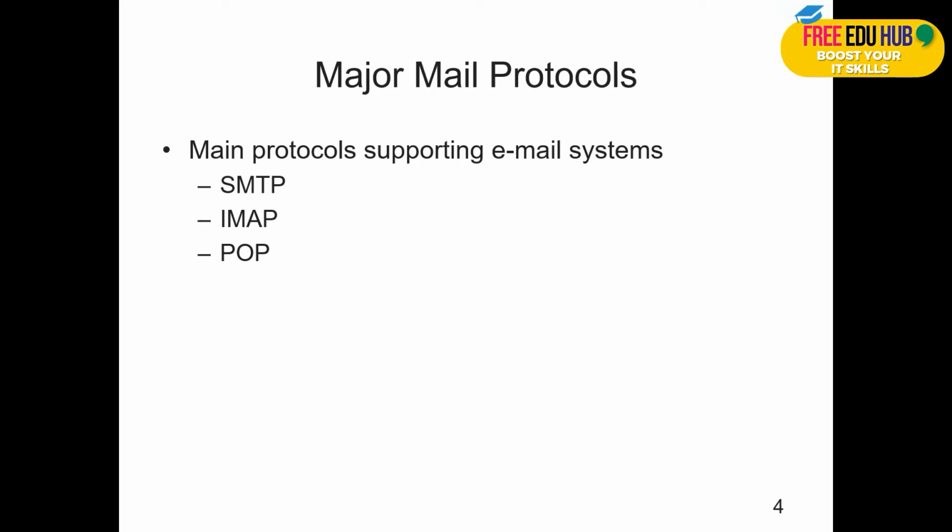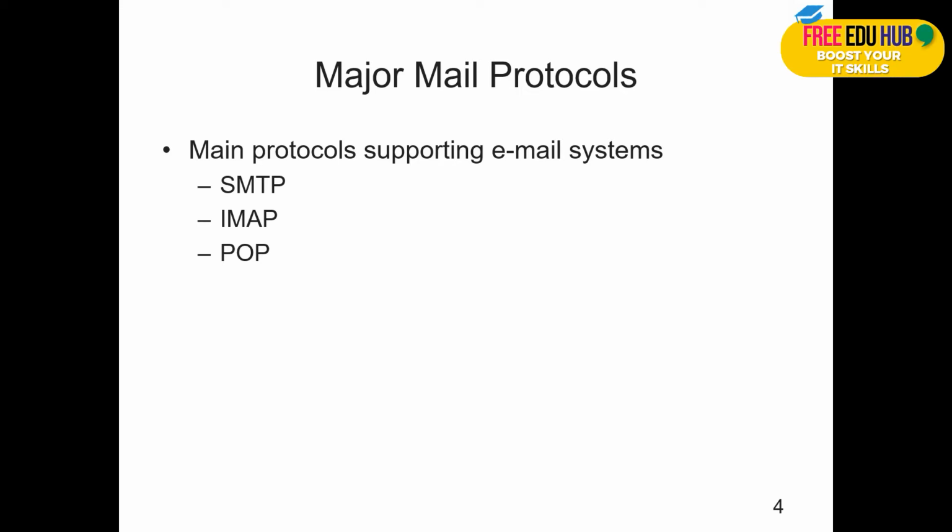Now SMTP is just like a gateway which stores all the emails in a queue. Even if the other party is not available, it would keep the email with itself and keep on trying until the other party is up to receive the emails.